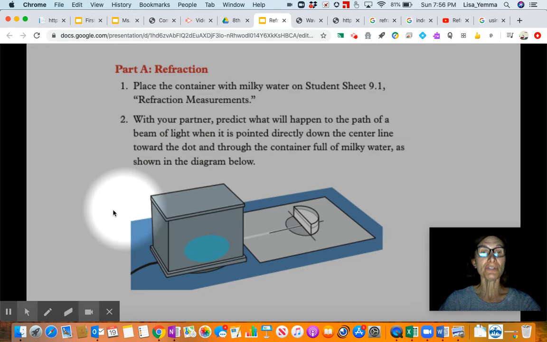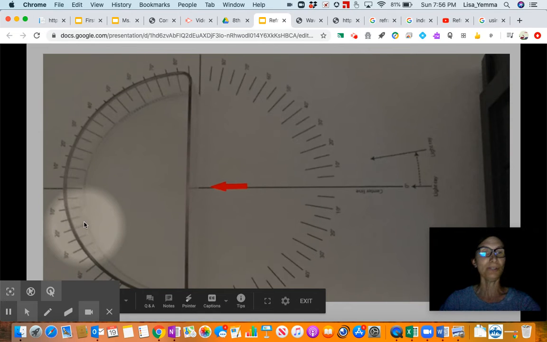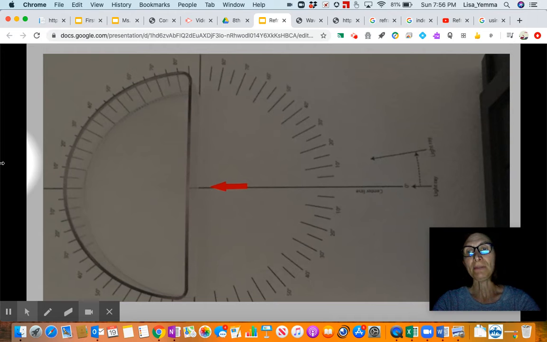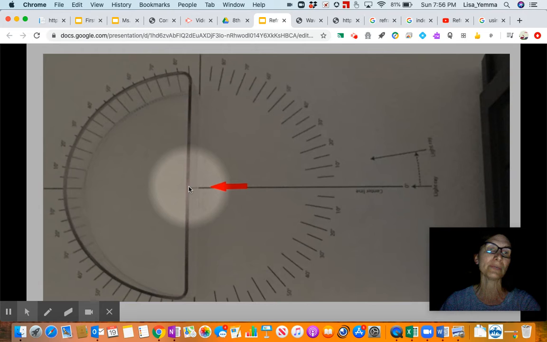Your first task is to look at this diagram. On this diagram, you will see that our light box is on the right over here, and we are going to shine a narrow laser beam of light directly down our zero line here so that the light hits the surface of the plastic and then hits the milky liquid.